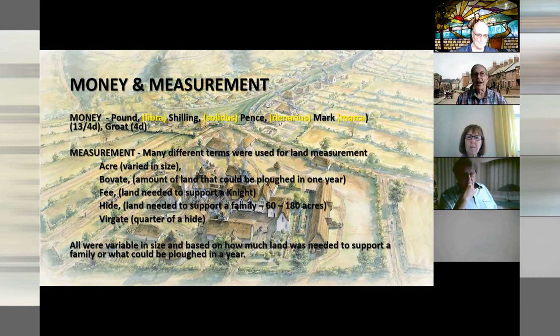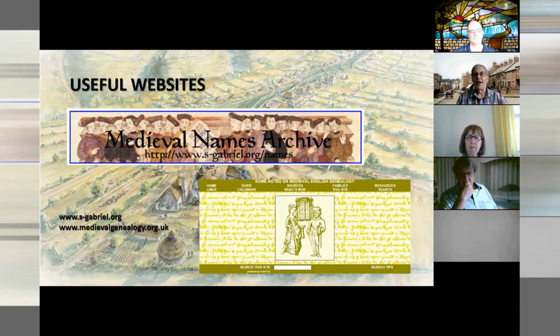There are two extremely useful websites which I recommend that you look at as you do your research and even before. One is the Medieval Names Archive, which is www.s-gabriel.org, and the other one is medievalgenealogy.org.uk. They are both extremely useful.